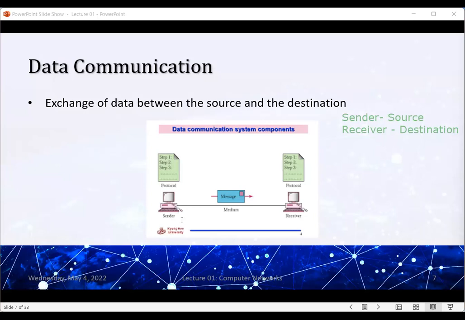There should be a sender or source, and also there should be a destination. Now let's say I'm communicating with you. I'm the source, and you are the destination. So when I communicate with you, let's say I'm talking.